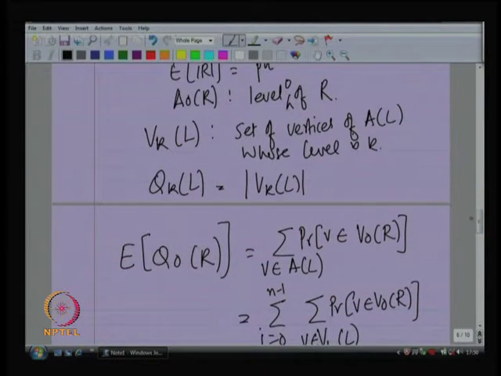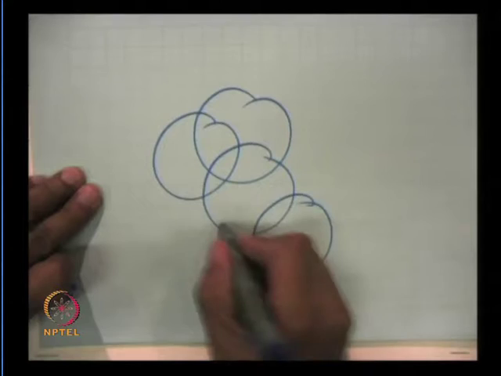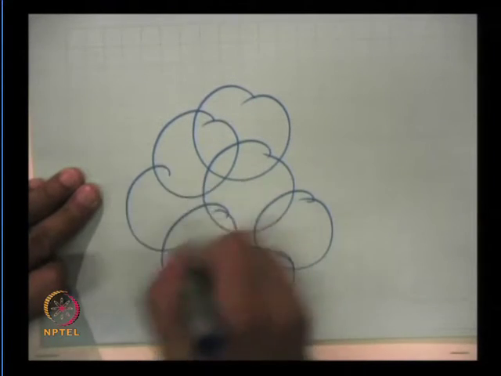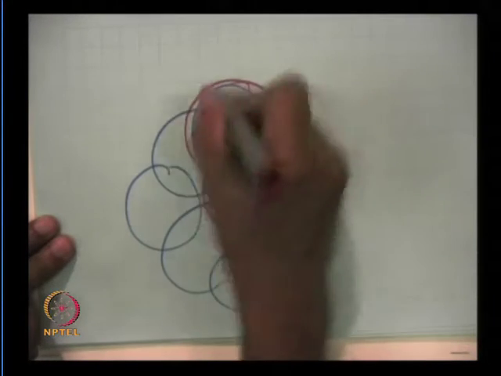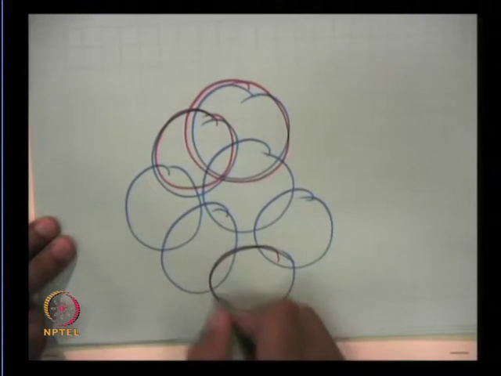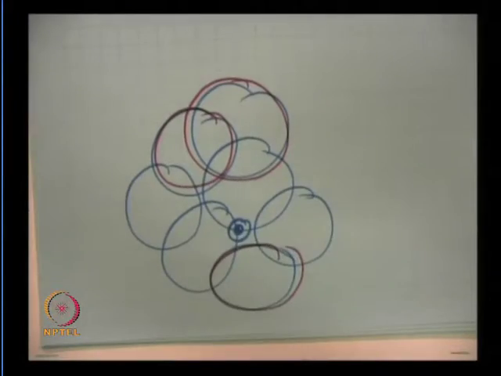Because again, instead of lines, if you look at disks, and I choose a random set of disks, let us suppose I chose this random disk set, and I ask you a question: if I choose a vertex of the arrangement, this blue vertex, what is the probability that it appears on the boundary of the union of the red disks?